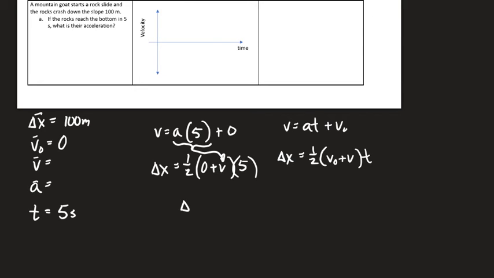So yeah, delta x equals 1/2 (0 plus 5a) times 5. Oh, and delta x is what, 100? I forgot delta x is 100. I might not have even had to do substitution. But they wanted the acceleration, so this is a way to get to acceleration without knowing the velocity.